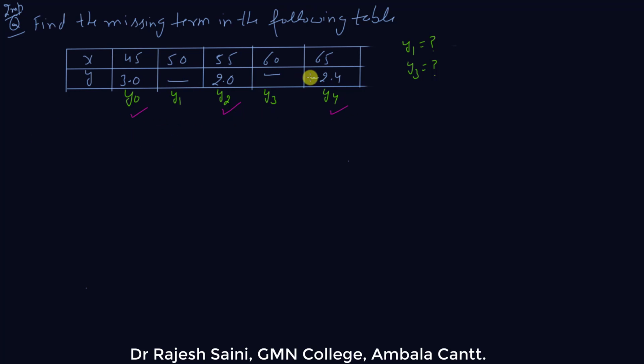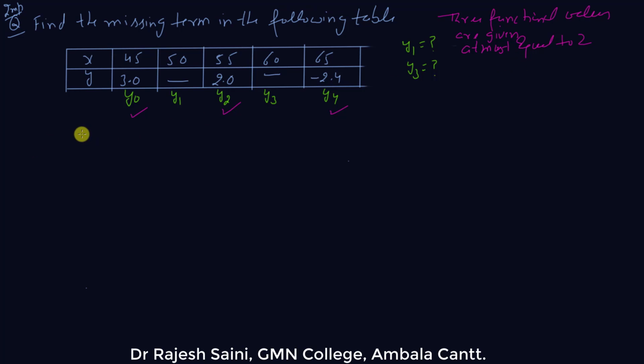Therefore, it can be a polynomial of degree at most equal to 2, because three functional values are given. Fine. So it can be of degree at most equal to 2.